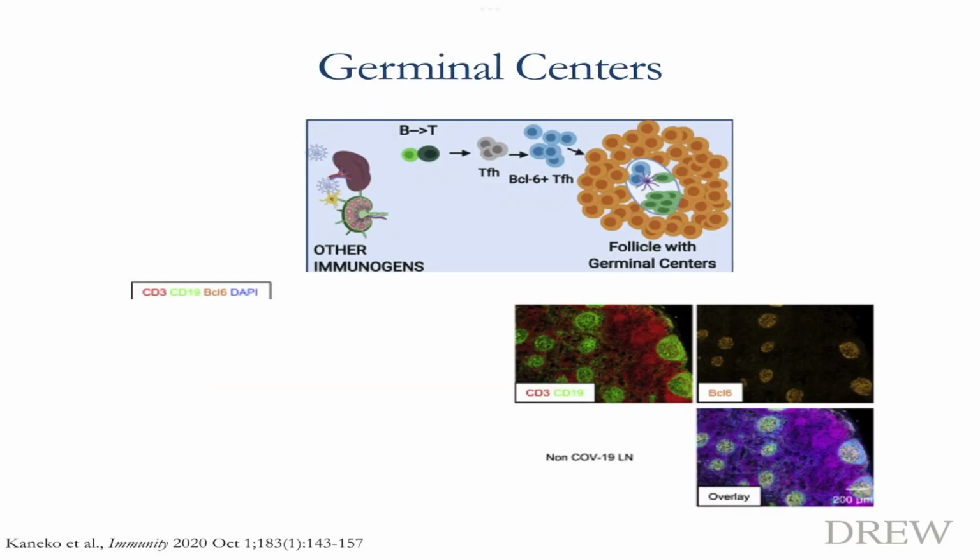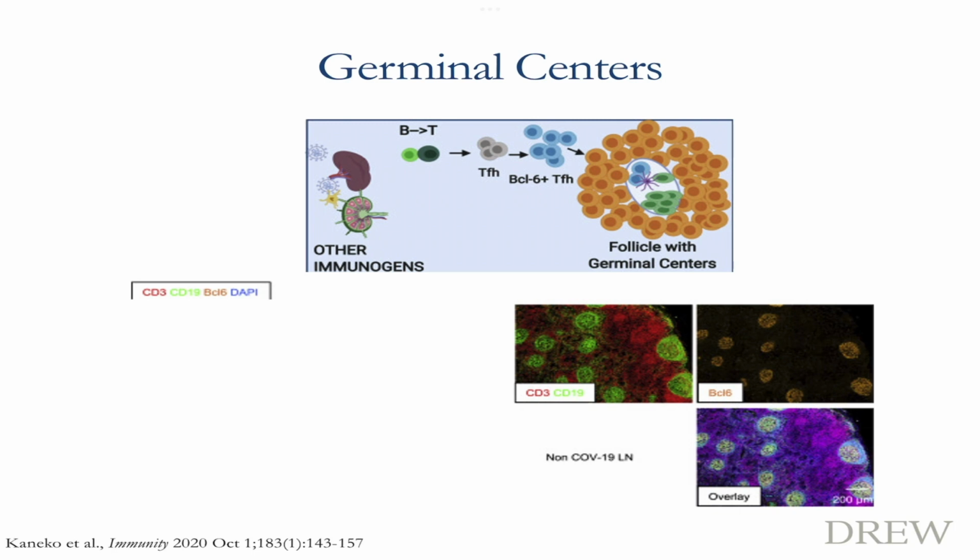So first of all, this is a paper that looks at germinal centers in people. One important thing to note is that these are actually images from sections of lymph nodes that were taken from people at autopsy.